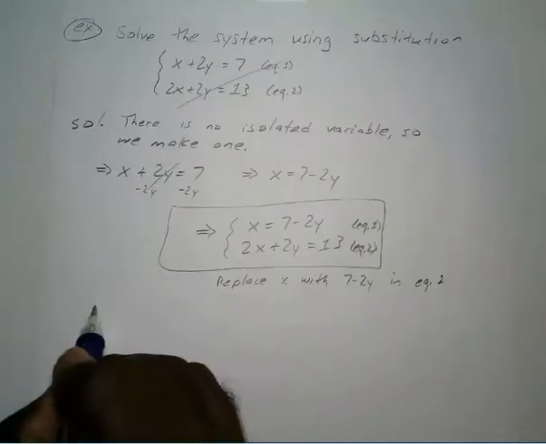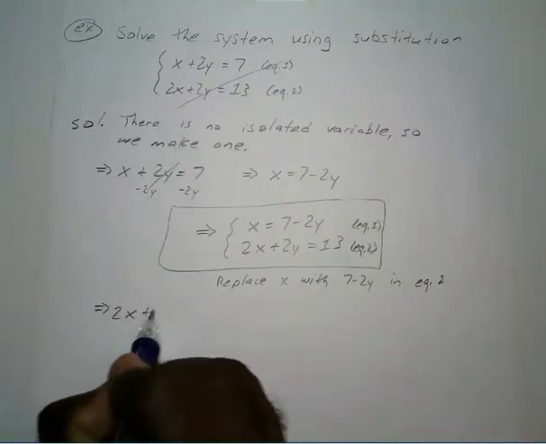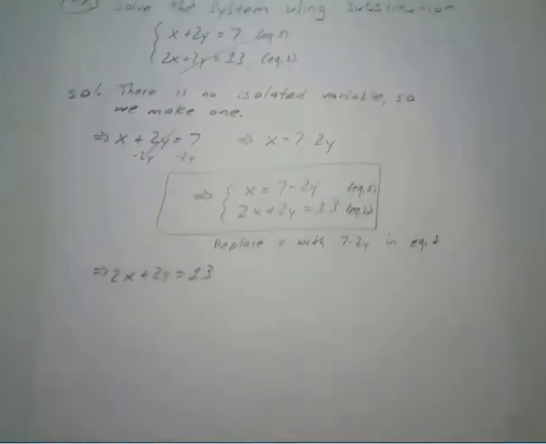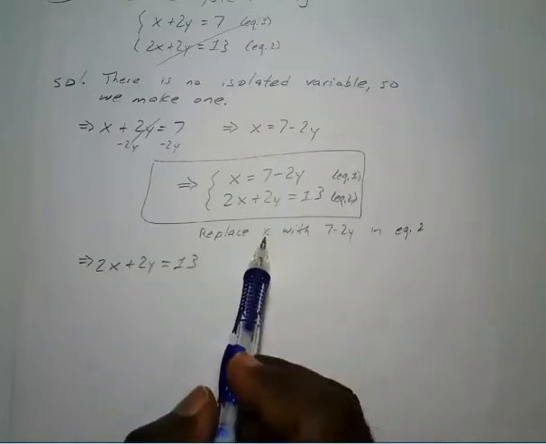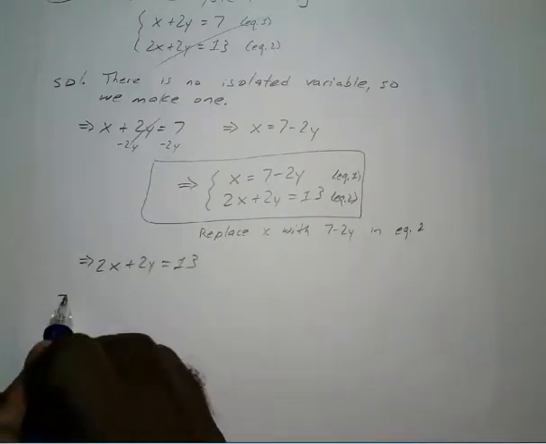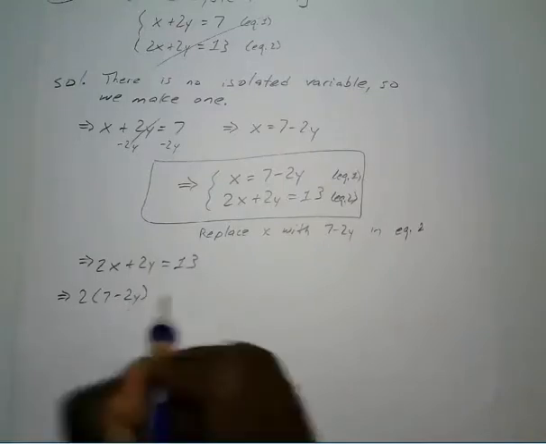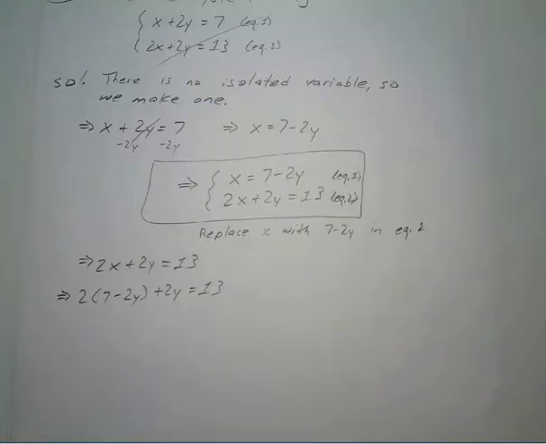Since we start off with 2x plus 2y equals 13, and we replace x with 7 minus 2y, that's 2 times 7 minus 2y plus 2y equals 13.